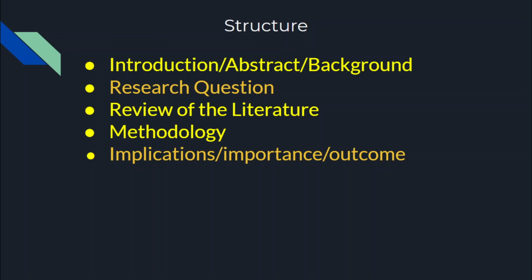What is the result that is going to come out of your research, and how is it significant to the academic community? Why should people read your paper? What are they going to learn from it? What result will come out of your research, and in what ways is this result, outcome, finding, going to benefit the community in terms of knowledge, or in terms of skills, or in terms of analysis?